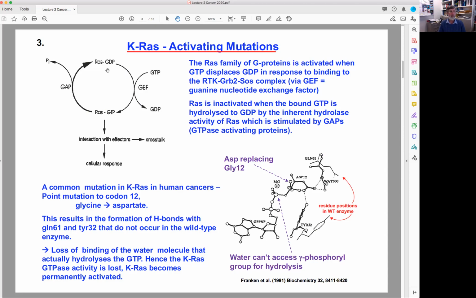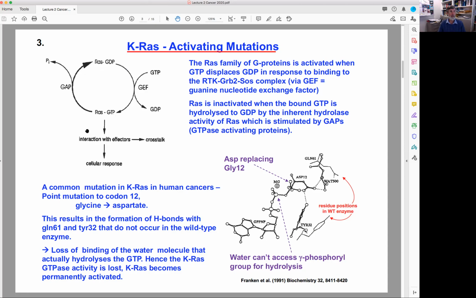So here's the inactive RAS with GDP bound by the GEF. The GDP is replaced by GTP. So it's not a phosphorylation of GDP, it's replacement of the GDP with the GTP to give the active RAS, and then these GAP proteins can hydrolyze the GTP, or at least stimulate the ability of RAS to hydrolyze the GTP, returning it to the inactive form.